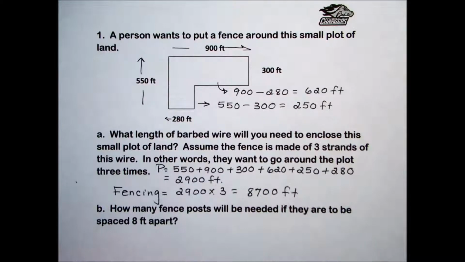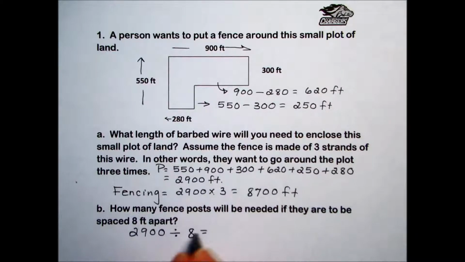B asks how many fence posts will be needed if they are to be spaced 8 feet apart. And what we have is the perimeter value of 2,900 feet. We'll take that and divide it by 8 because we're looking at how many 8-foot sections there are around this field, which will give us the number of posts needed.